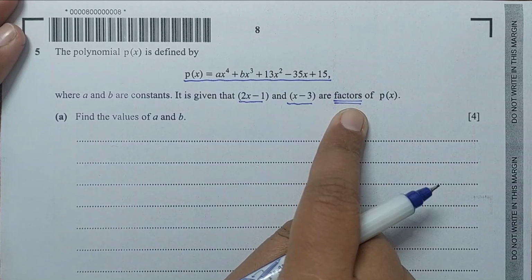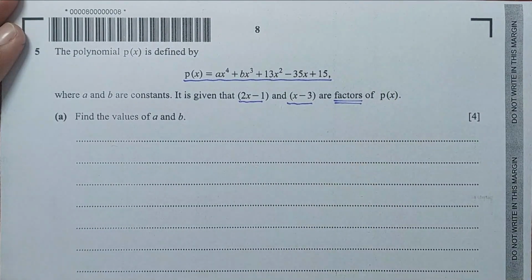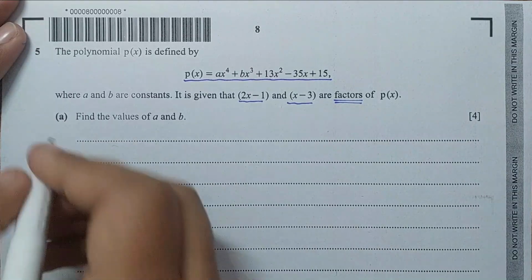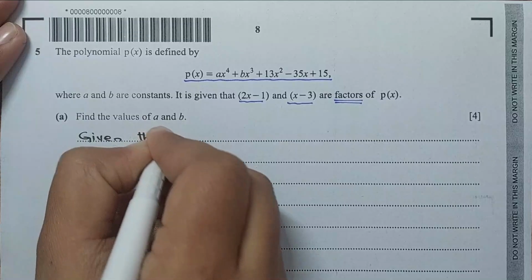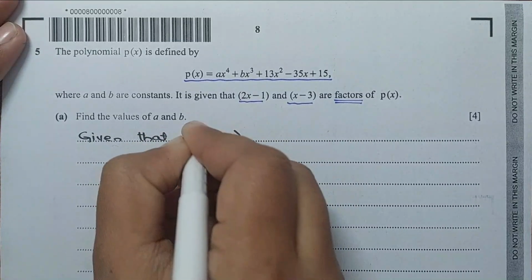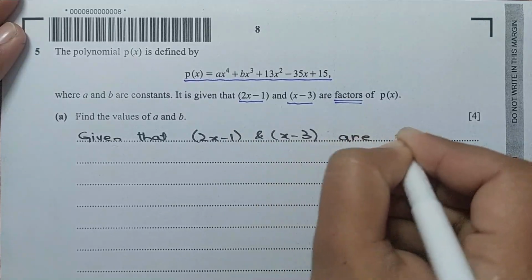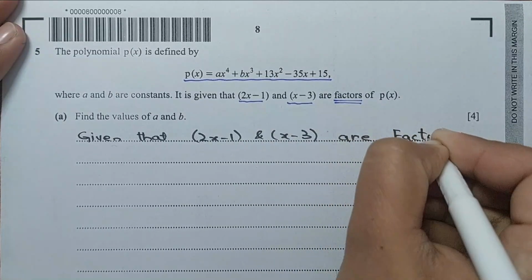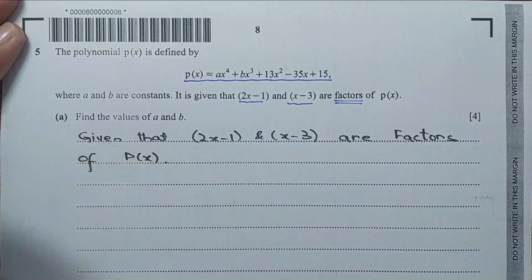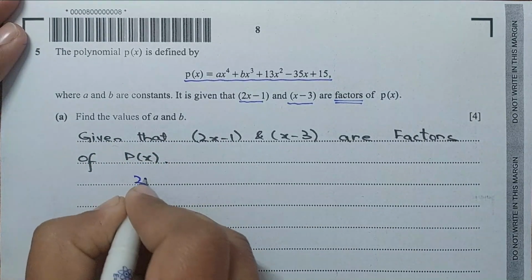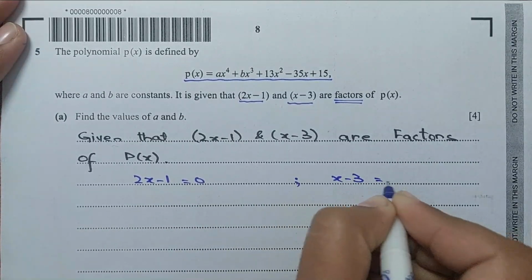If these are the factors, it means when you put them in the polynomial, p of that x should be equal to 0, right? So we can say that given that 2x minus 1 and x minus 3 are factors of p of x, then 2x minus 1 equals 0, and x minus 3 equals 0.